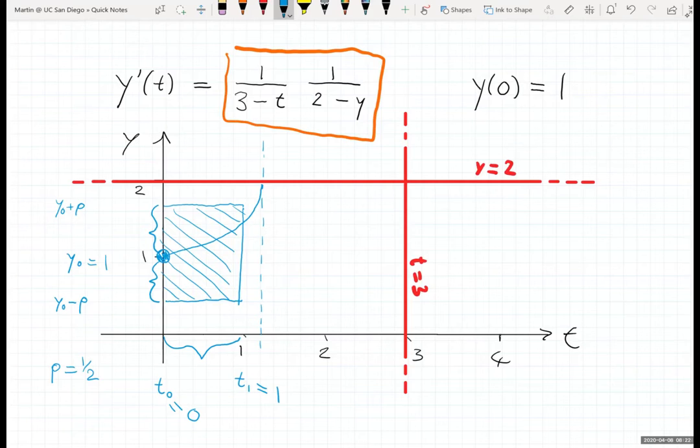Now the Peano existence theorem tells me that there exists a solution, at least for some period of time, and that solution, I can move forward a bit forward in time, and the solution will not hit the red area. That is what the Peano existence theorem tells us.